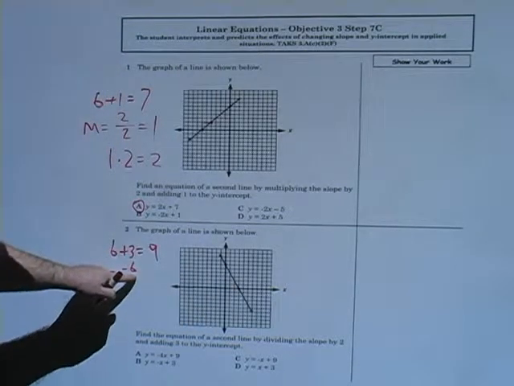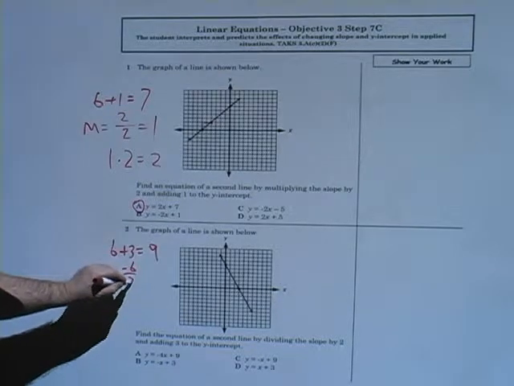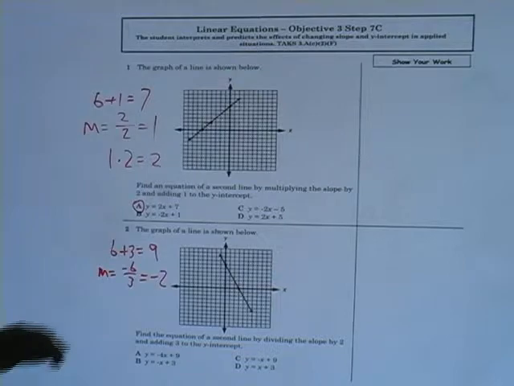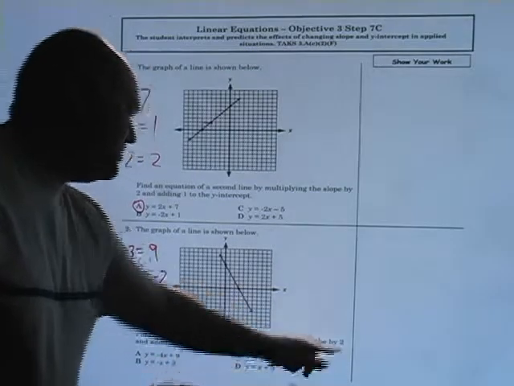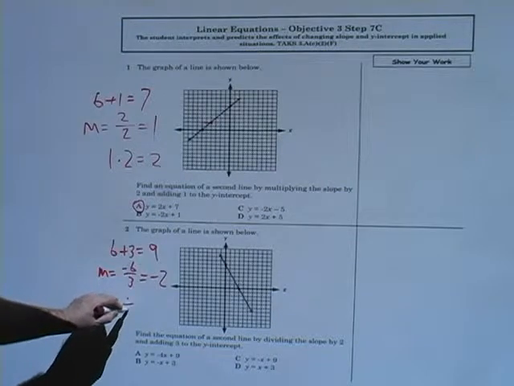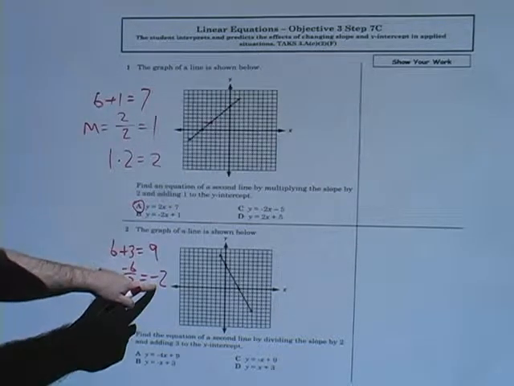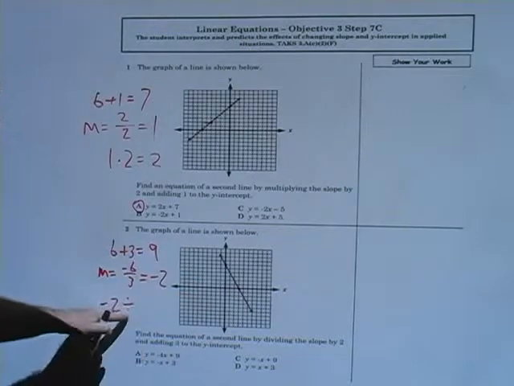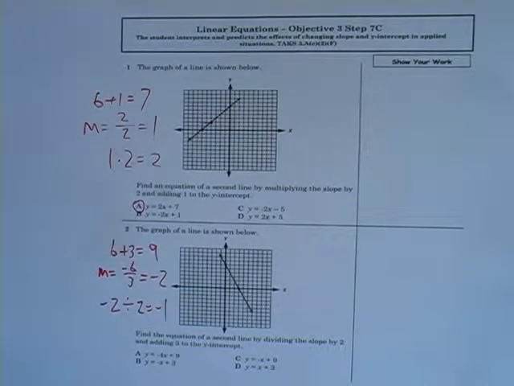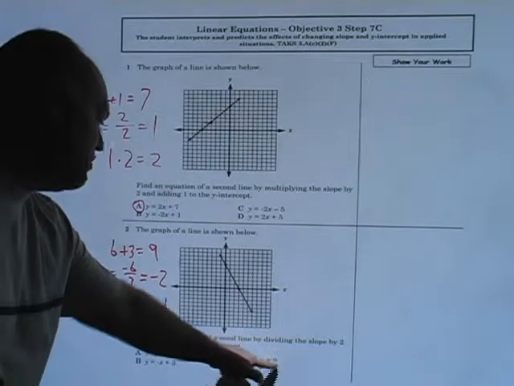Down 6 is -6 over 3. Makes our slope -2. And we're going to divide our slope by 2. Okay, again, use your calculator. Here's our slope for this line. We're going to divide that by 2 and get -1. Okay. Slope is -1, y-intercept is 9.